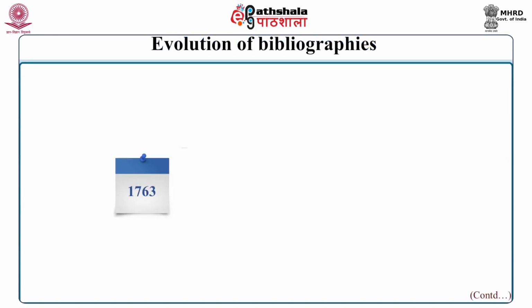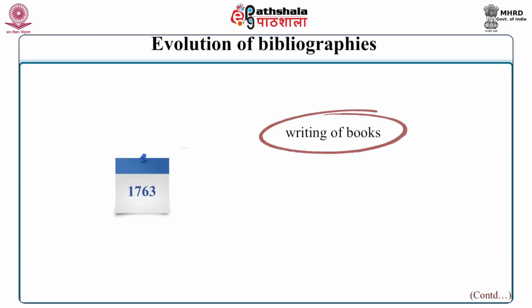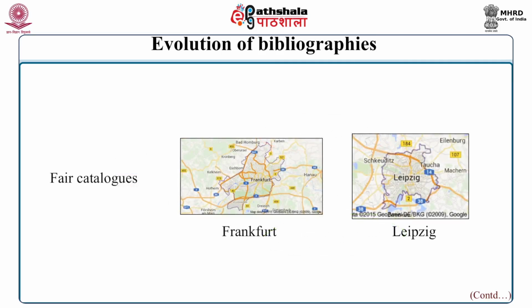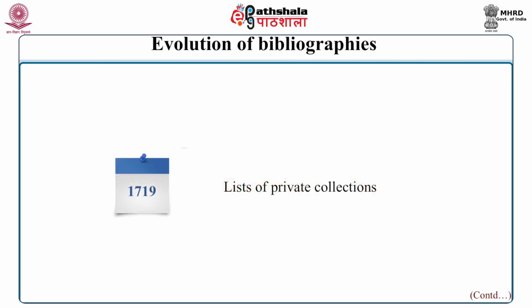In 1763, the change from writing of books to writing about books occurred. The fair catalogs, that is the book exhibitions conducted at Frankfurt and Leipzig in the 16th century, led to the compilation of bibliography. We can call them trade bibliographies also. Then in 1719, lists of private collections developed.